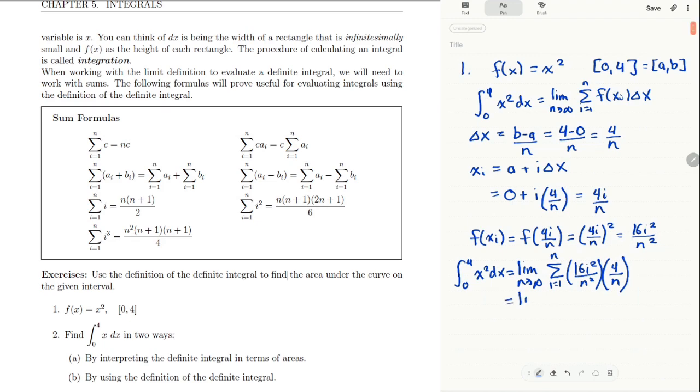So we can simplify this to be the limit as n goes to infinity of the sum from i equals 1 to n of 64i squared divided by n cubed.